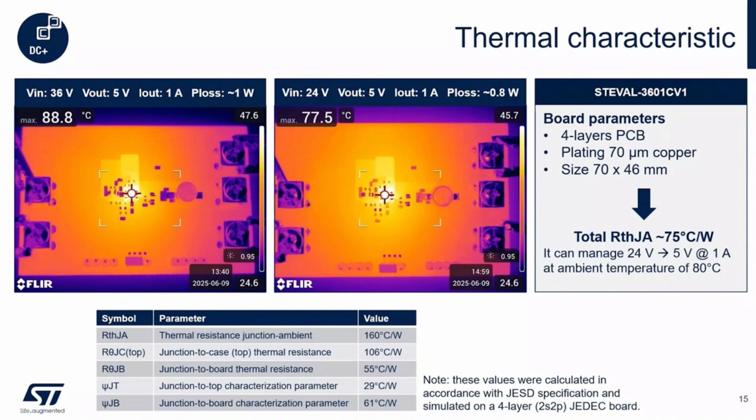So you can see that in the thermal plot here, the device performs very well, very high efficiency, even though the SOT23 package does not have a power pad, it still can perform under industrial application conditions.